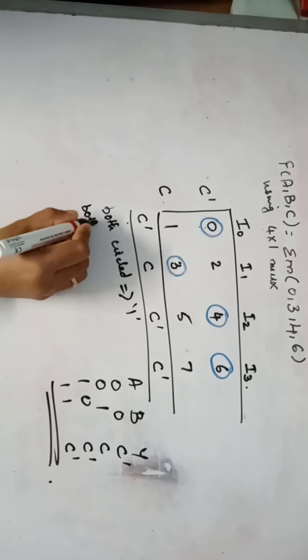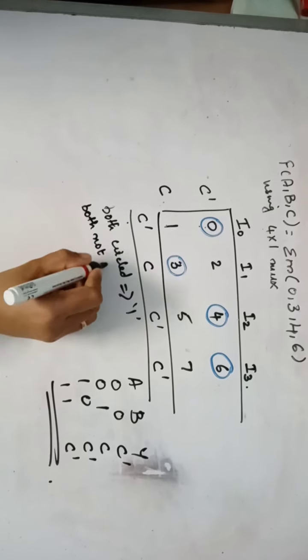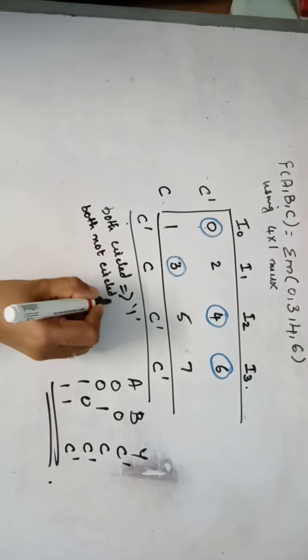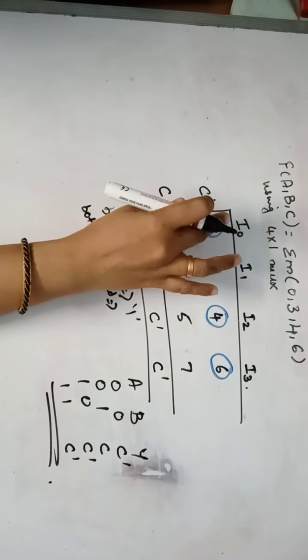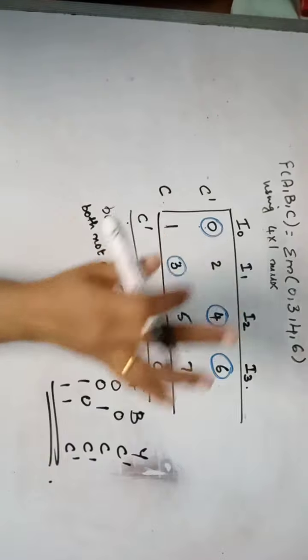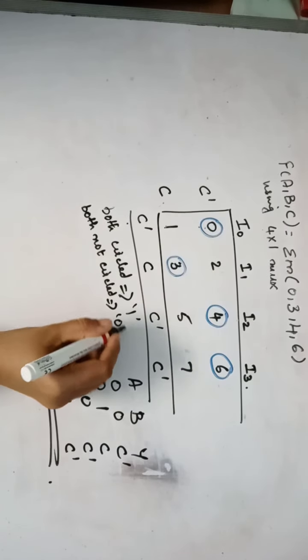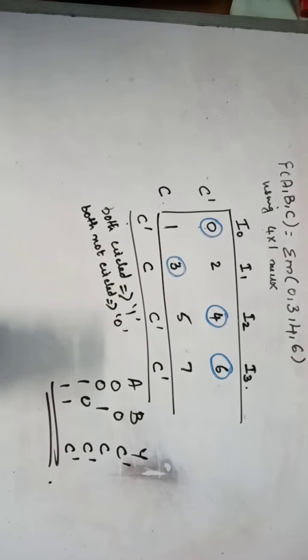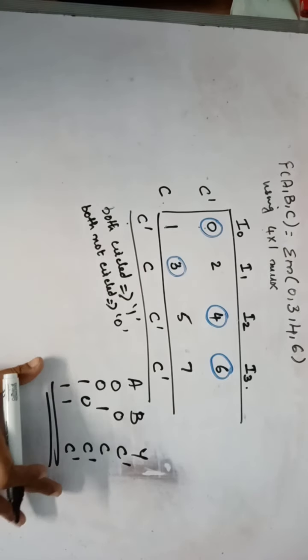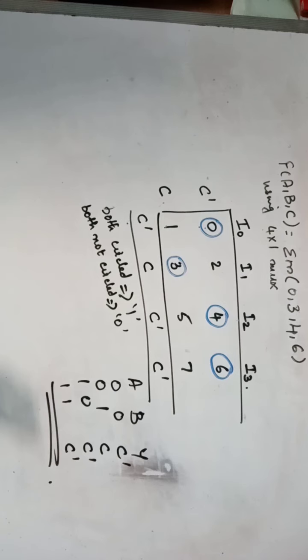Both not circled, that is in a particular column there is no circle, nothing is circled, then that is a logic 0. Okay. So then using this you can draw like in the earlier case.